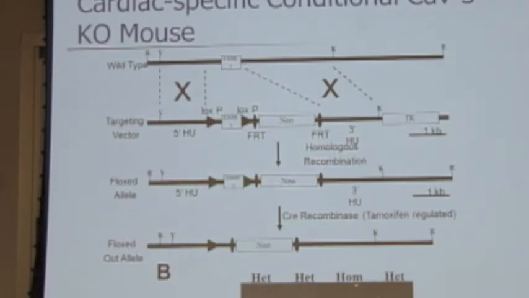We got rid of the neomycin, and then we can cross it with a tamoxifen-regulated alpha MHC mouse, which will cut out exon 2. So we're left here with a heterozygote if we had only one allele targeted, or a homozygous knockout of the allele. So we can either knock out one copy or two copies of CAV3.